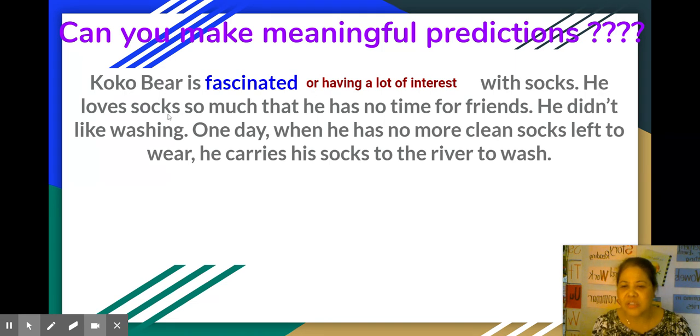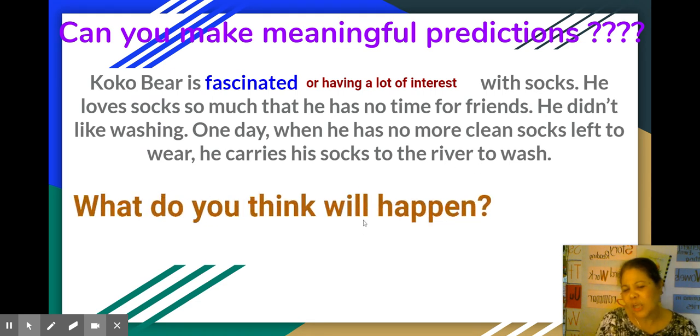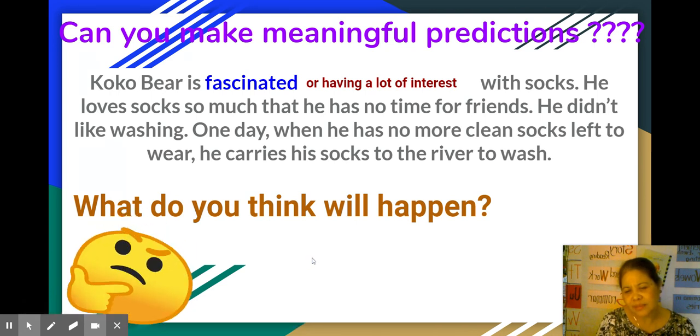He loves socks so much that he has no time for praise. He didn't like washing. One day, he has no more clean socks left to wear. He carries his socks to the river to wash. What do you think will happen?